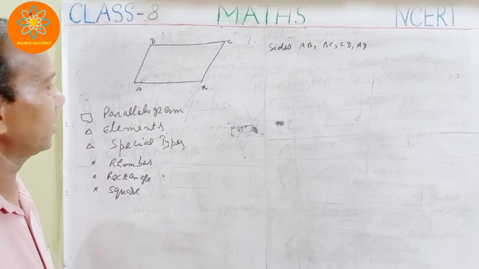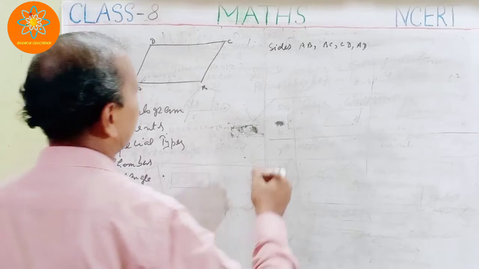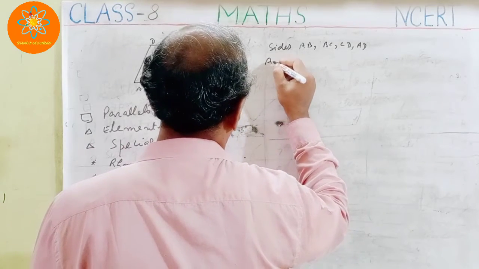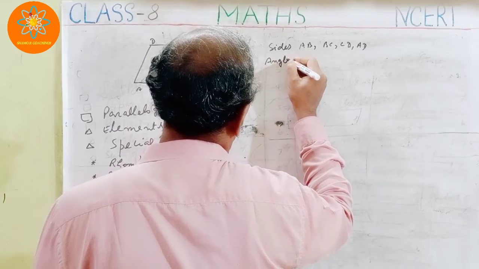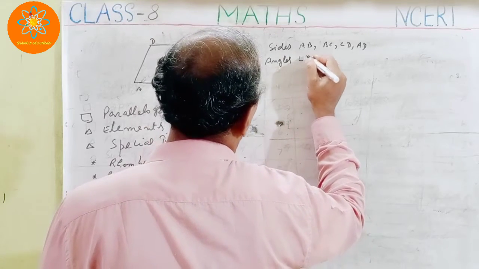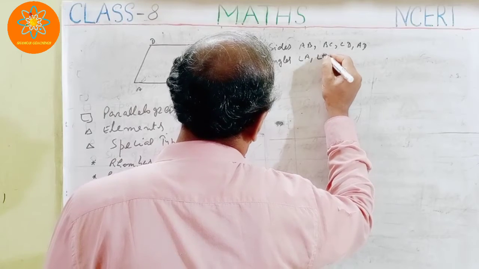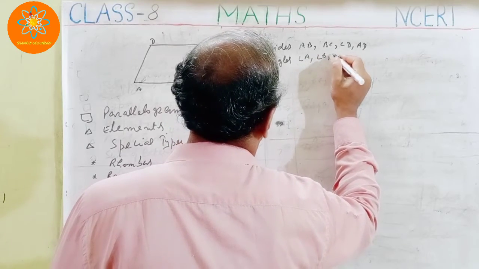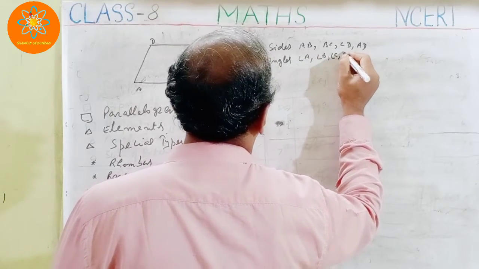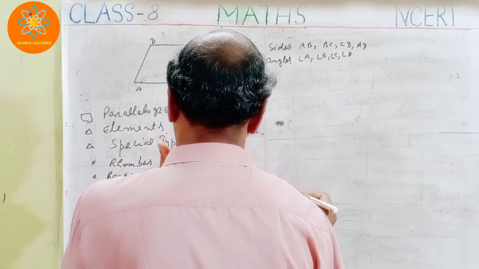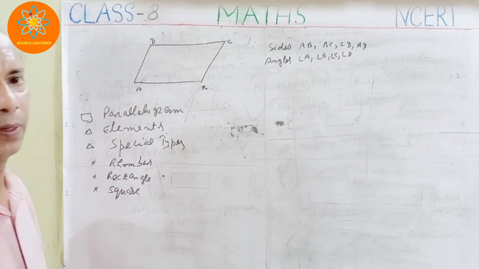These are the sides. What about the angles? For the angles, we have angle A, angle B, angle C, and angle D.